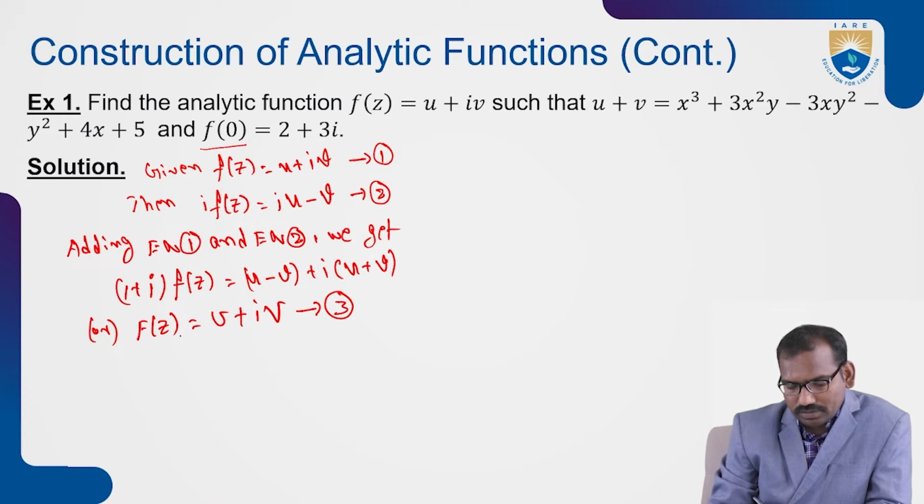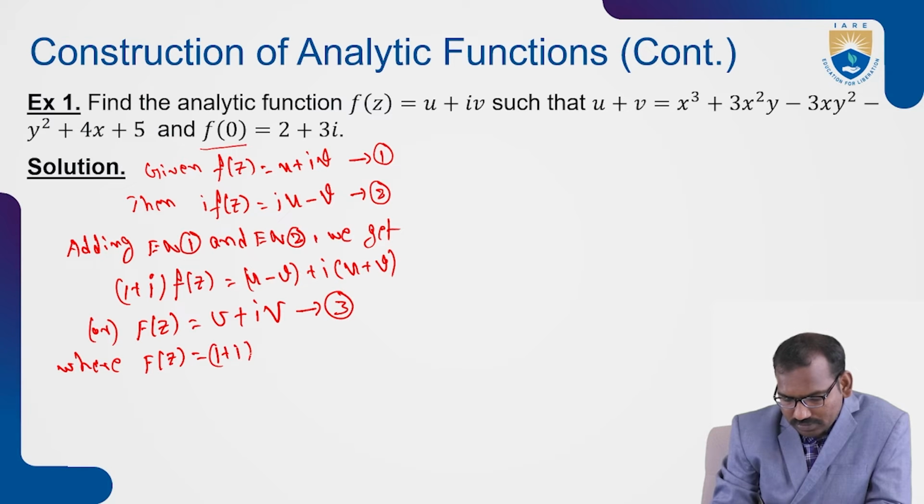Okay. So here I am writing the above equation in this form. Then I have to mention what is f of z, because I am using capital F, where capital F of z is taken as 1 plus I times small f of z.